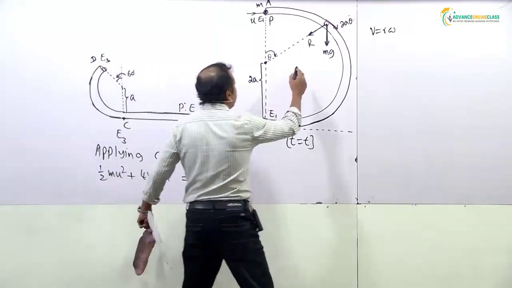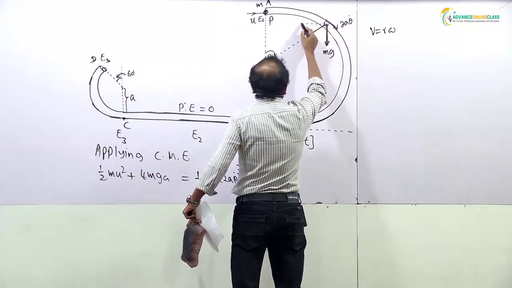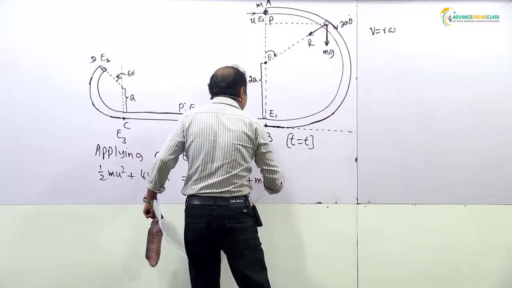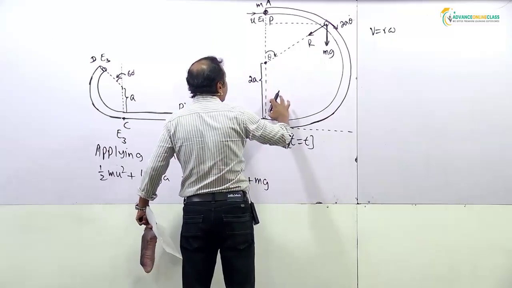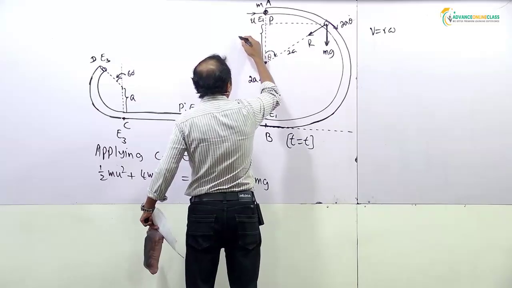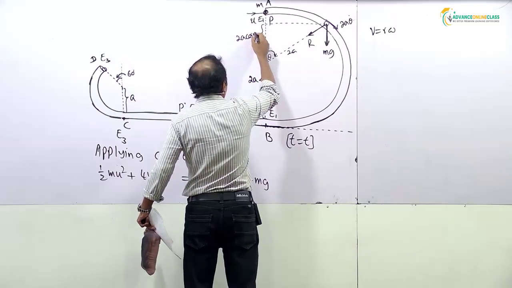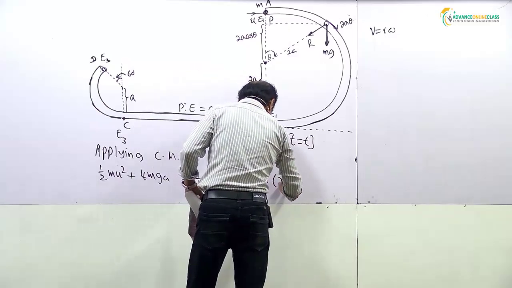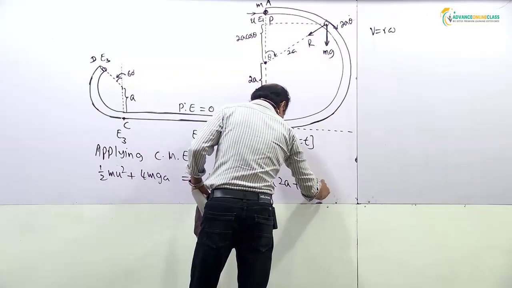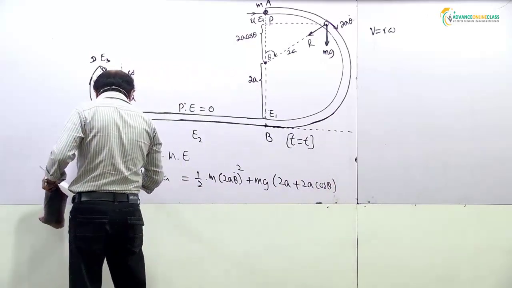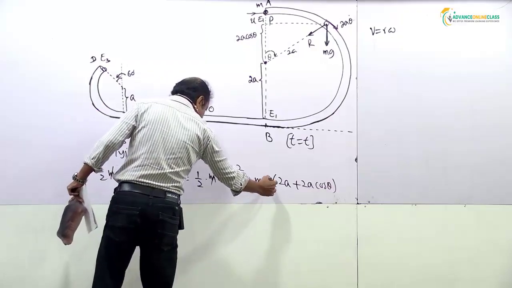And at this level, the total potential energy is mgh. H means this side 2a, this is 2a, no? Then this is 2a cos theta. mgh, where h means 2a plus 2a cos theta. Okay, m you can cancel down.